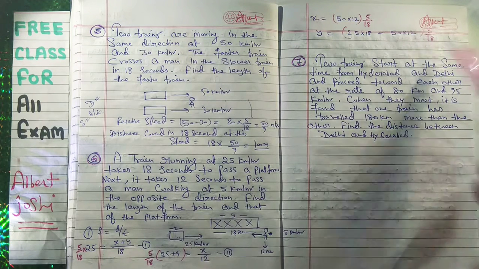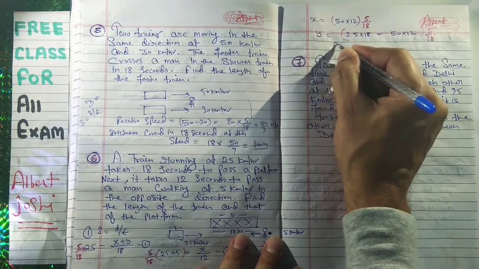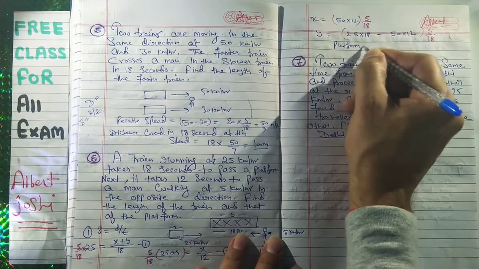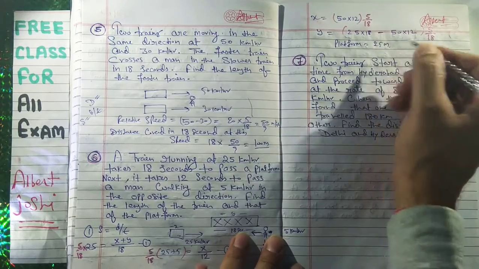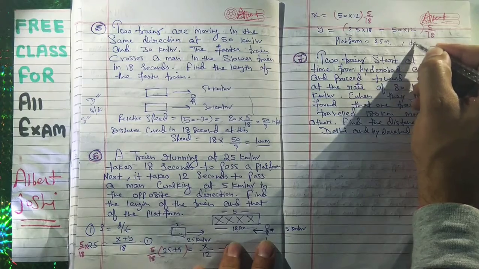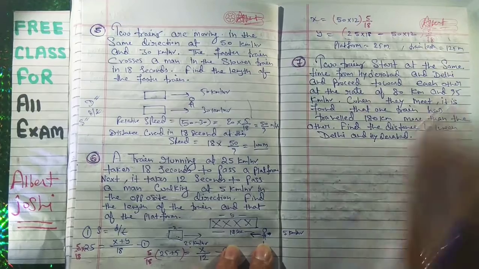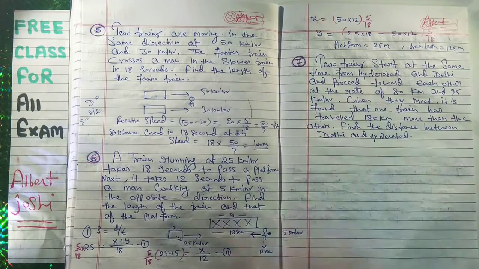So if you solve the calculation, the length of the platform is equal to 25 meter. And the length of the train you can calculate, this is your task, 125 meter. This is not our task, that is a simple calculation.